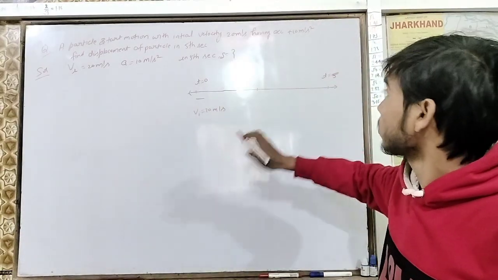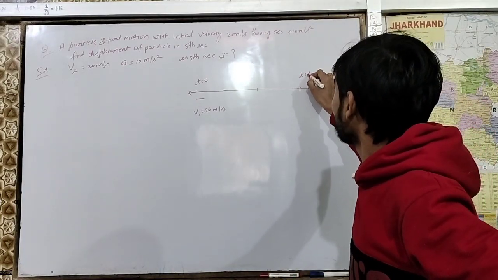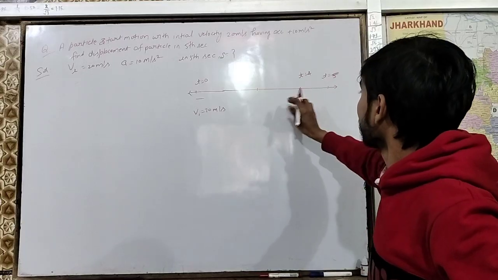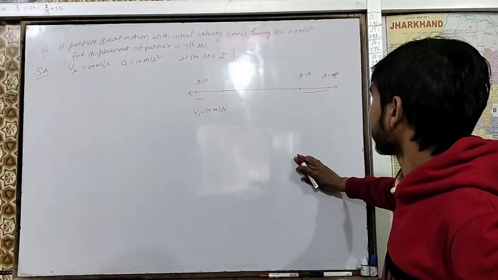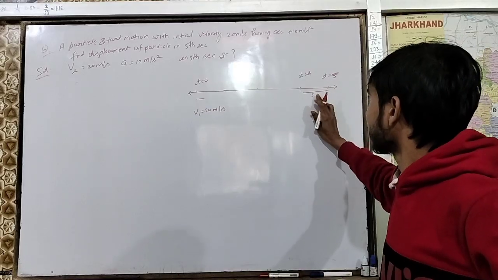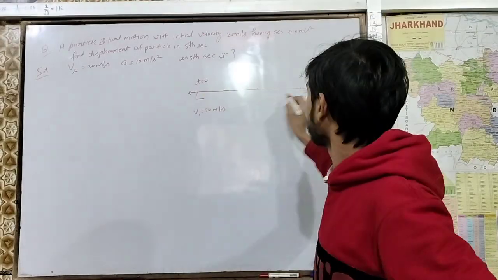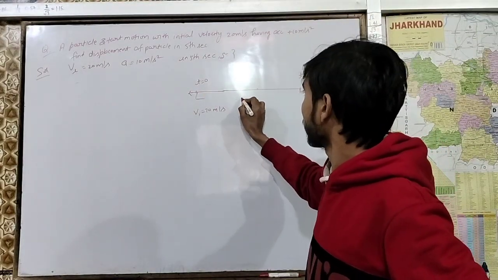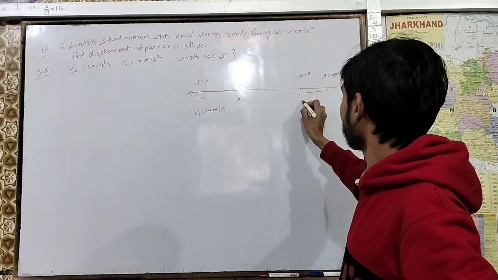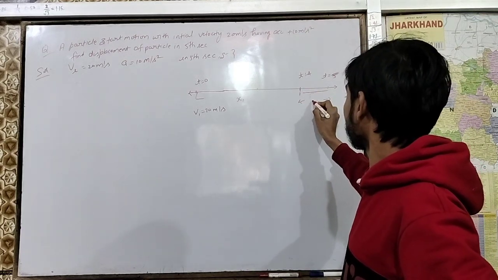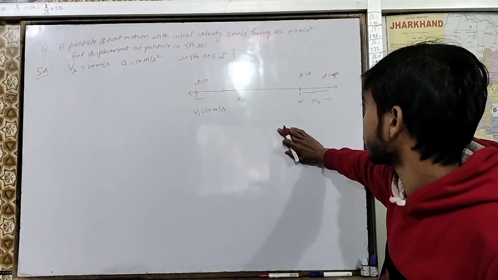He wants to know the displacement from t equal to 4, this displacement he wants to know. So can you say that from here to till here this is our first displacement, and from here to till here this is our next displacement.